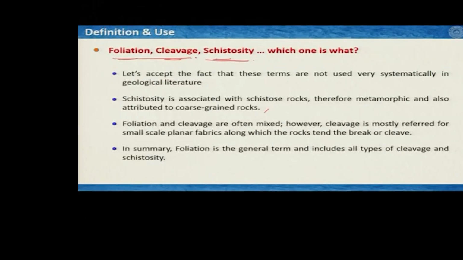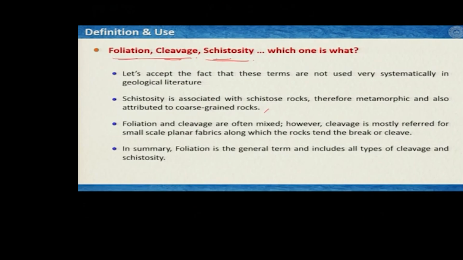And then the confusion comes between foliation and cleavage, and as I said, they are often mixed, but cleavage is mostly referred to for small scale planar fabrics, whereas foliation is generally for large scale features. However, that is not always maintained, and cleavage also refers to the fact, as the name suggests, that these are the planes along which the rock tends to cleave or break apart.